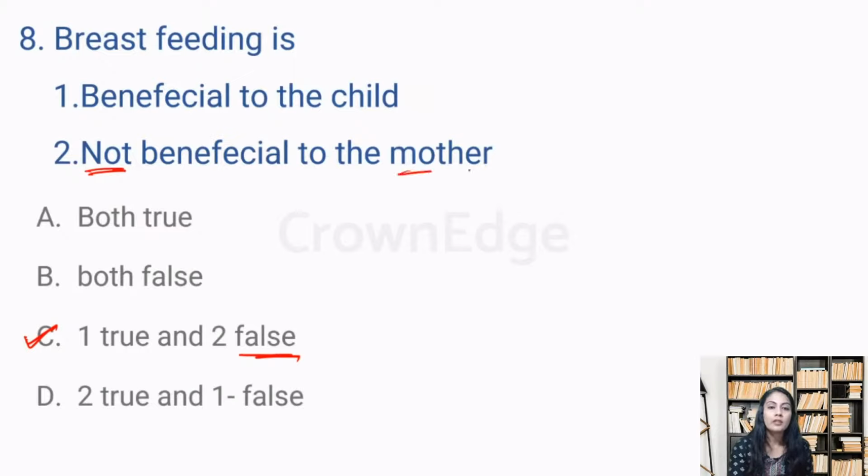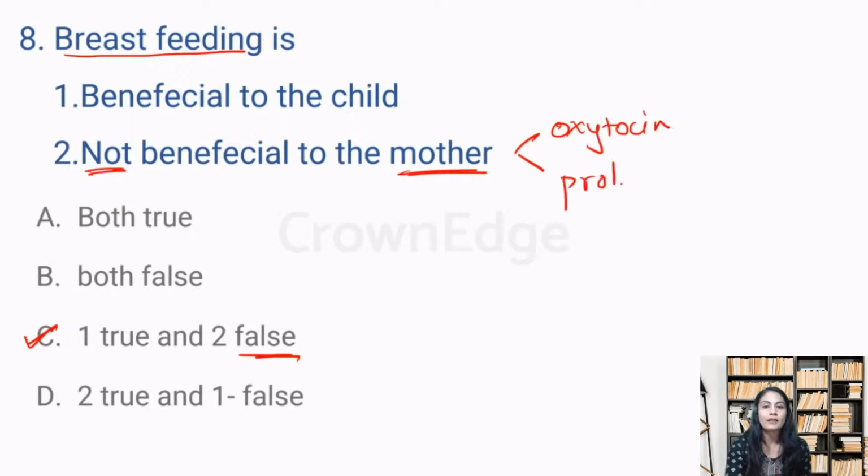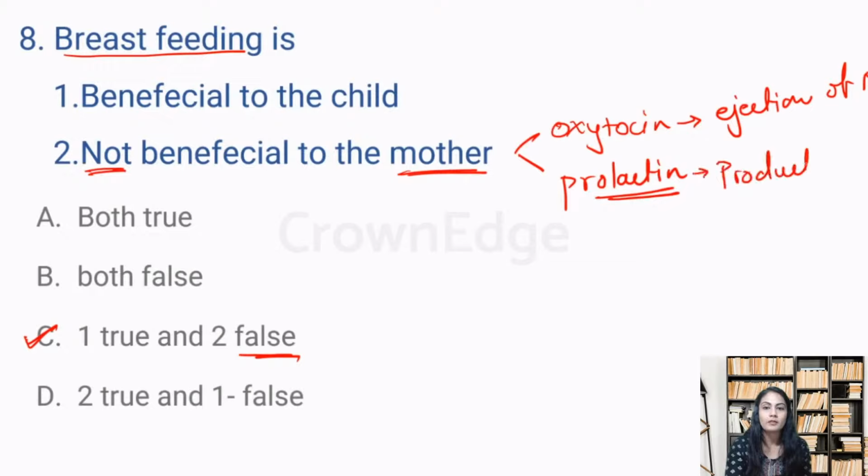Whenever the mother does breastfeeding, two hormones are going to get released in the mother's body. One is oxytocin and one is prolactin. Oxytocin helps in the ejection of the milk, and prolactin helps in the production of the milk.